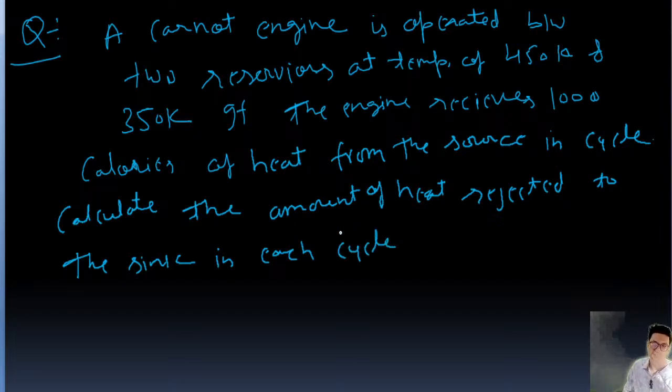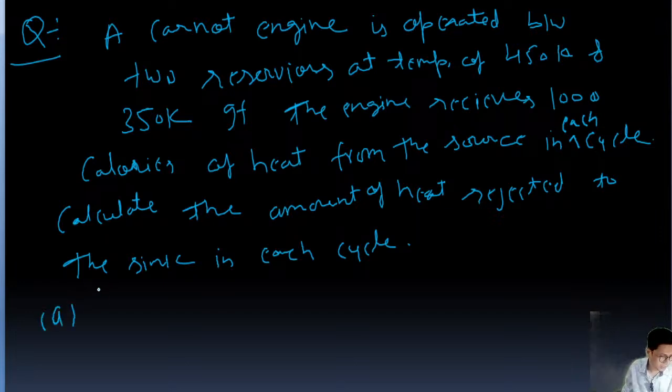Okay, so this is the question, guys. A Carnot engine is operated between two reservoirs which are at temperature 450 Kelvin and 350 Kelvin. If the engine receives 1000 calories of heat from the source in each cycle, calculate the amount of heat rejected to the sink. That's what you need to find out. Options are given.